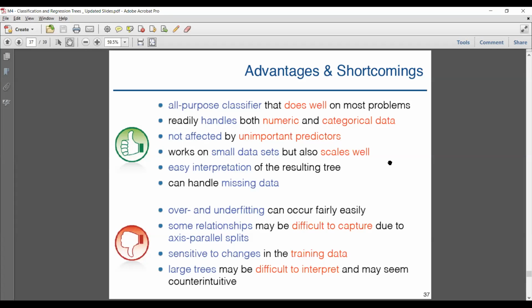For example, you can आपको अगर देखना है कि how is the tree predicting a certain value, in most of the non-parametric methods, you would not be able to figure that out.